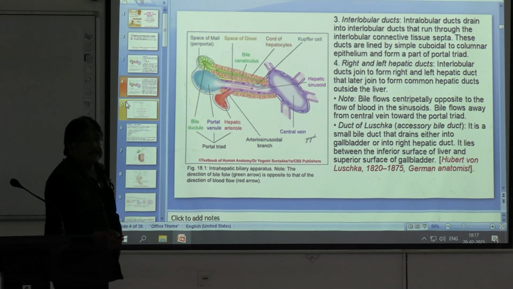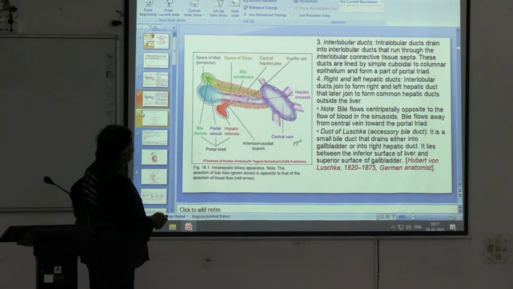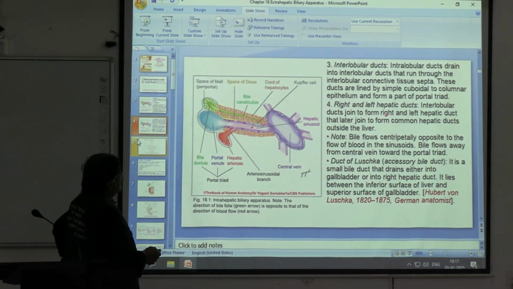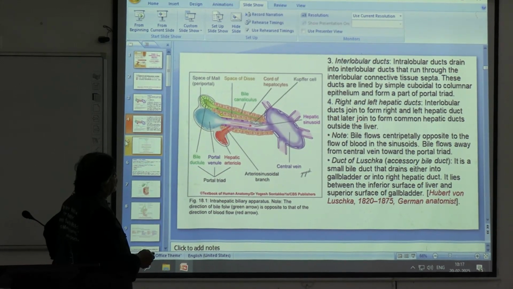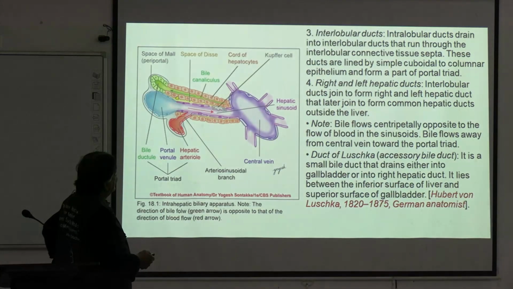When you will be discussing the liver, the portal triad. Now, the interlobular ducts join to form the right and left hepatic ducts, which later join to form the common hepatic duct outside the liver. Bile flows centripetally, opposite to the flow of blood in the sinusoids.